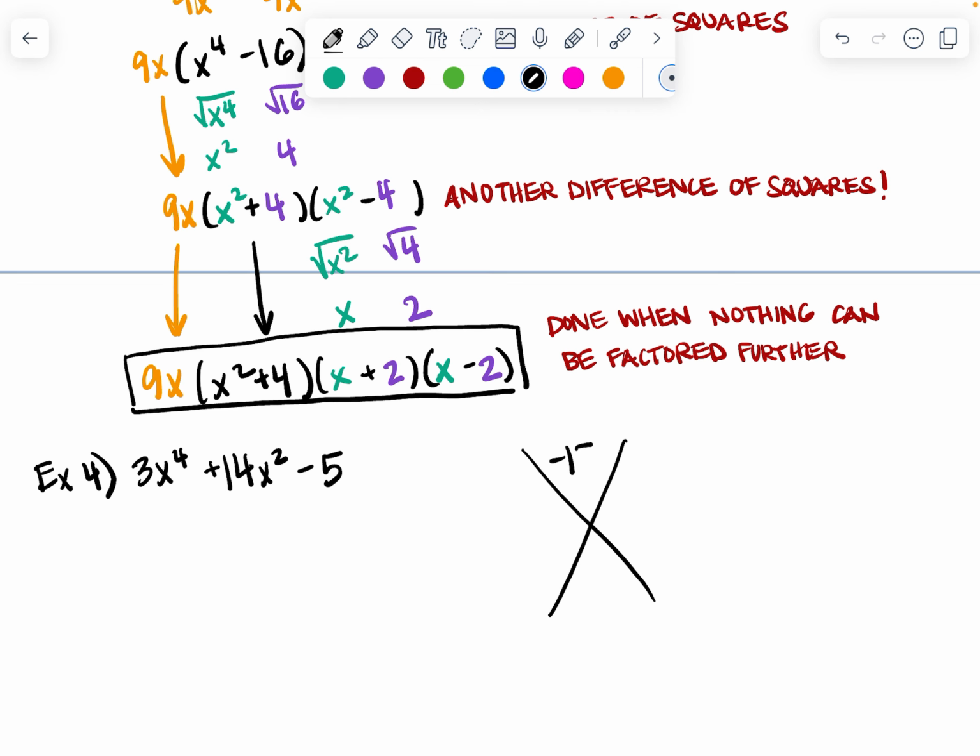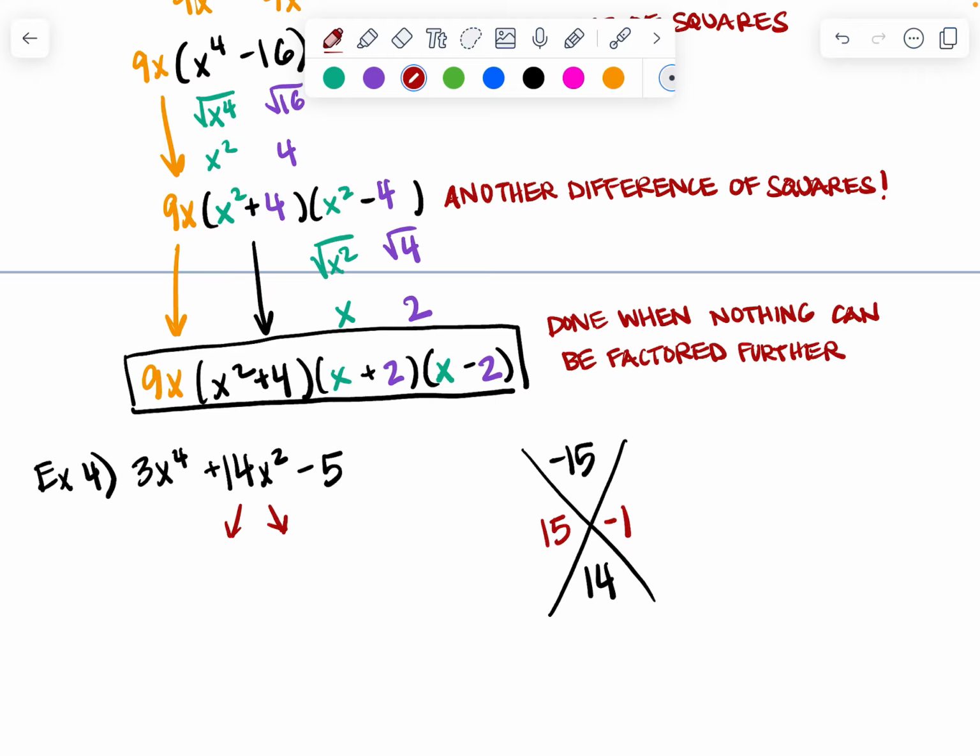So we have negative 15 on top, 14 on the bottom. This is going to be positive 15 and negative 1. Now, when you rewrite this as a 4-term, you need to make sure that you're using x squared.